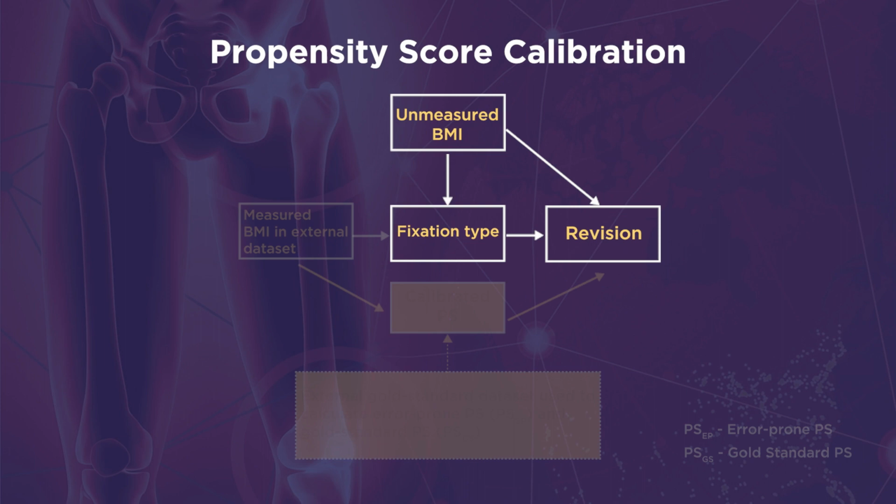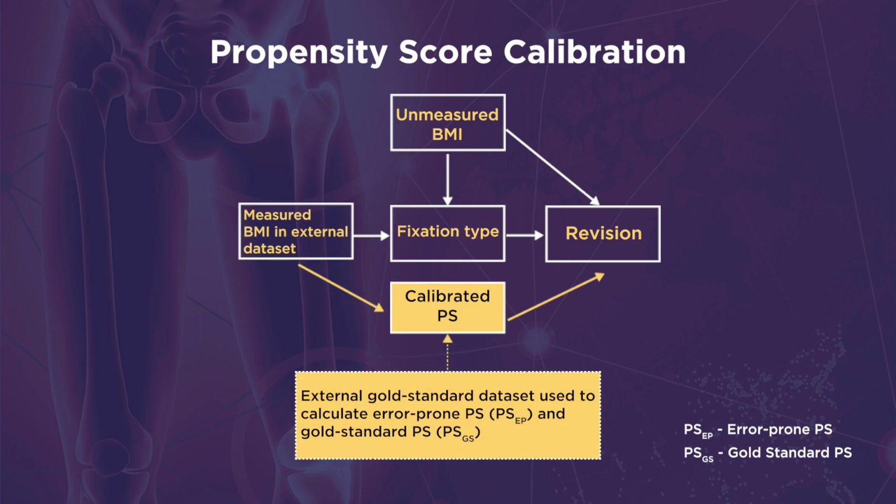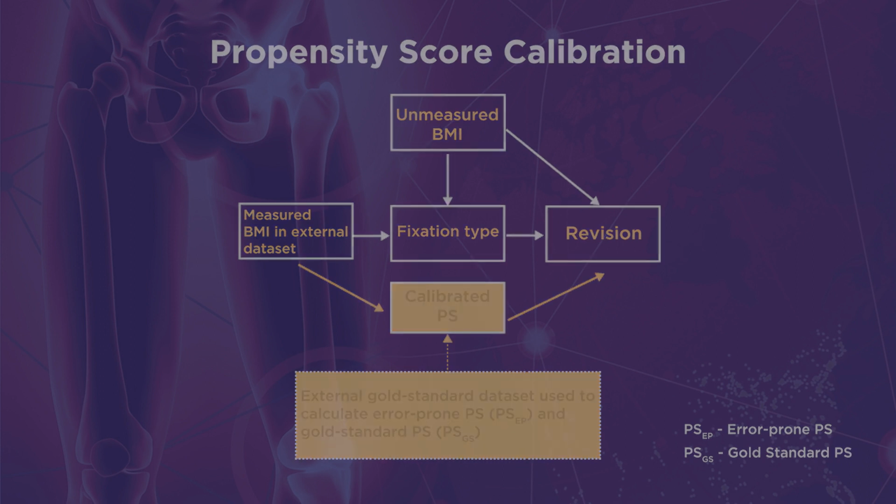If this is missing from our dataset, we can use an external gold standard validation set that includes the same variables as well as BMI. A propensity score is calculated for the study data, as well as for the gold standard data, with and without BMI. Finally, the regression calibration is applied to adjust the main propensity score for the estimated error from the validation set.